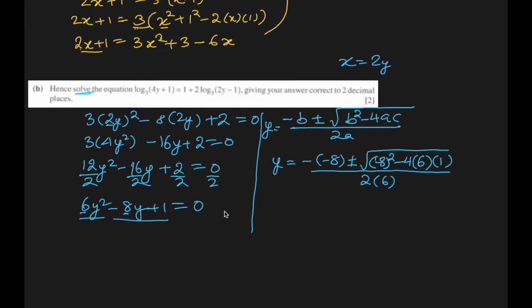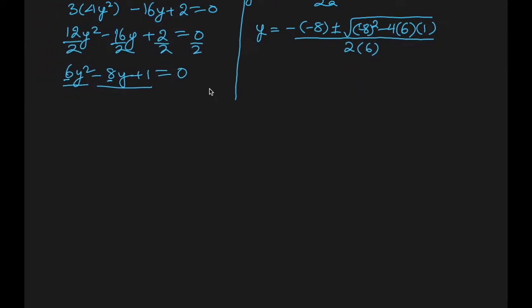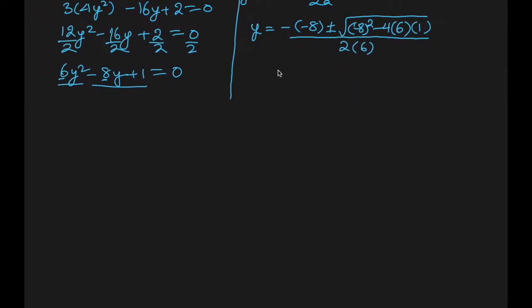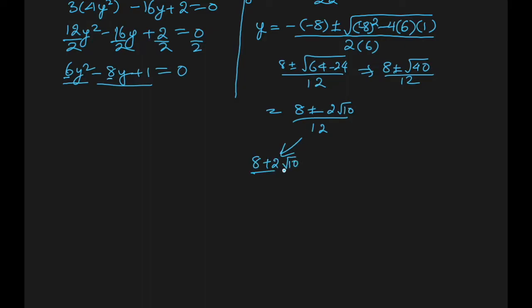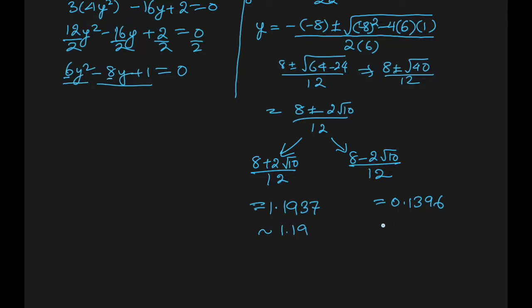Okay, let me complete the whole process now fast and I'll get to you with the answer. So this one came out to be 1.1937, and they're saying 2 decimal places, so it will be 1.19, and this comes out to be 0.1396, which will be 0.14.